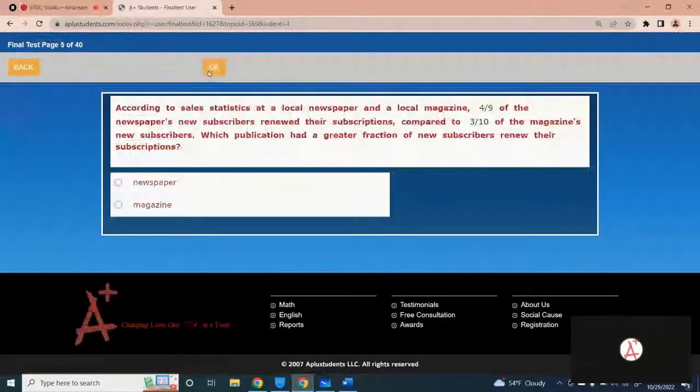Okay, according to the sales statistics at a local newspaper and a local magazine, 4 by 9 of the newspaper's new subscribers renewed their subscription compared to 3 by 10 of the magazine's new subscribers. Which publication had a greater fraction of new subscribers renew their subscription? So basically, you have to compare both the fractions. So we need to see which one is greater, 4 by 9 or 3 by 10.